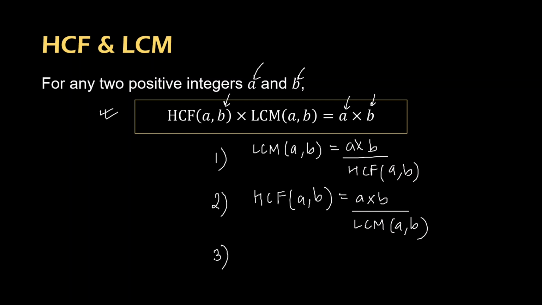And the third thing is that if we know the HCF of any two numbers, LCM of any two numbers and one number, then we can easily find the other number.